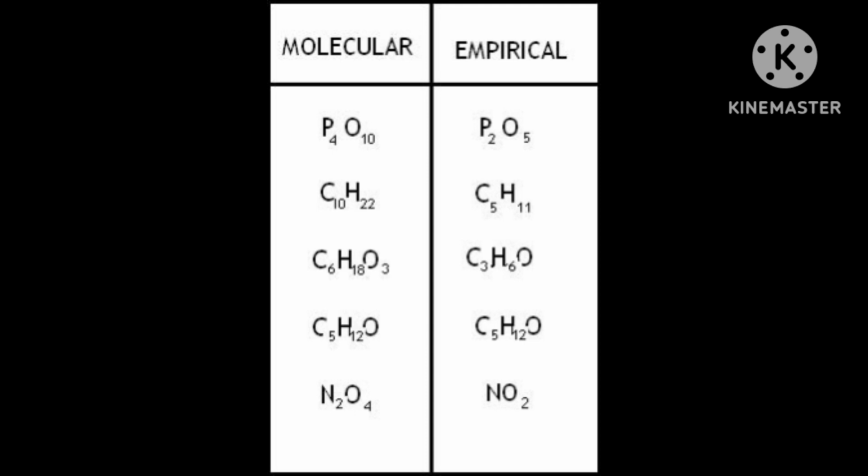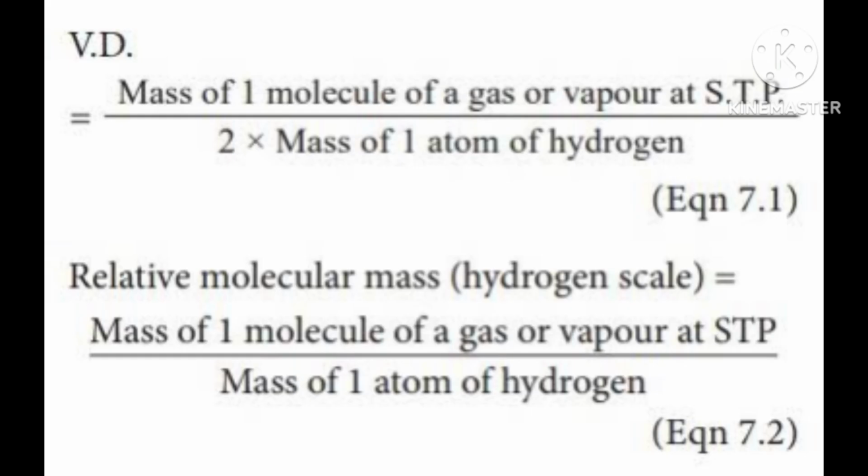After that, to calculate the relative number of atoms, for example, suppose hydrogen is 20%, then 20 divided by 1.008. Hydrogen atomic mass is 1.008, roughly 1 you can write.